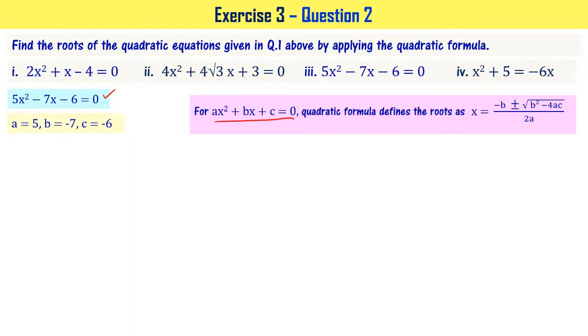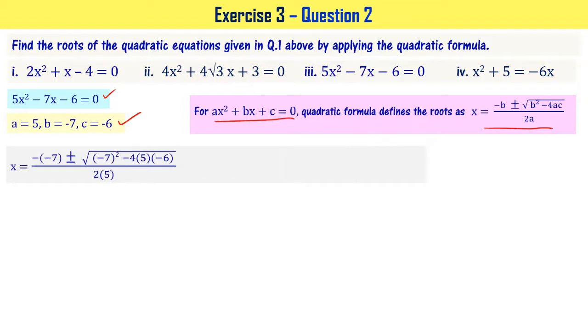Let's substitute these values into the quadratic formula so that I can write quadratic formula as x equal to minus of minus 7, that is minus b, plus or minus square root of b square minus 4ac divided by 2a. Let's simplify that.